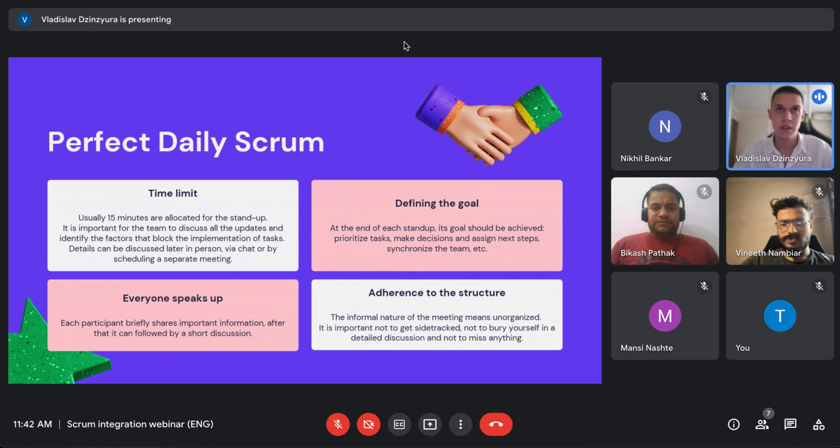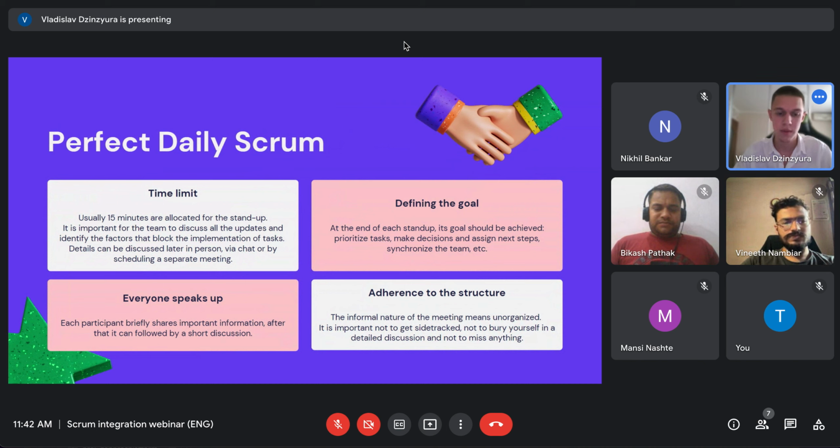And after we updated and answered the three main questions that I showed on the previous slide, some details can be discussed later, like in person, via chat, or by scheduling a separate meeting. So it's important to speak dry and to give all the important information. And after that, we can dive into details.